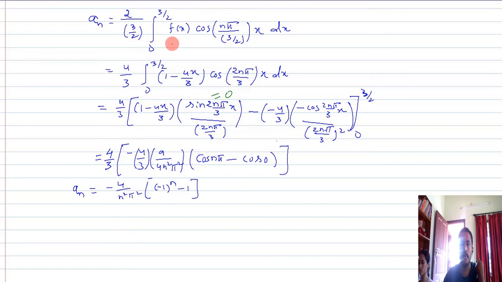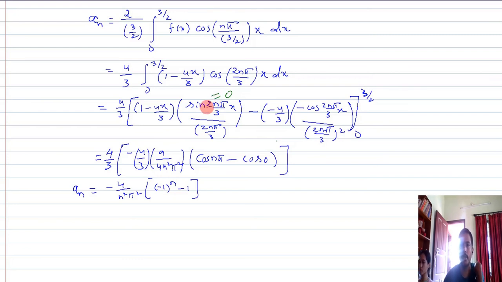Then we go for an. Similar to that one, but again the function is 1 minus 4x by 3. Integration by parts, keeping the first function f of x as it is, integral of the cos function is sine, and then integration of sine is minus cos. Again use the property that the upper limit and lower limit for this sine function become 0. Why?